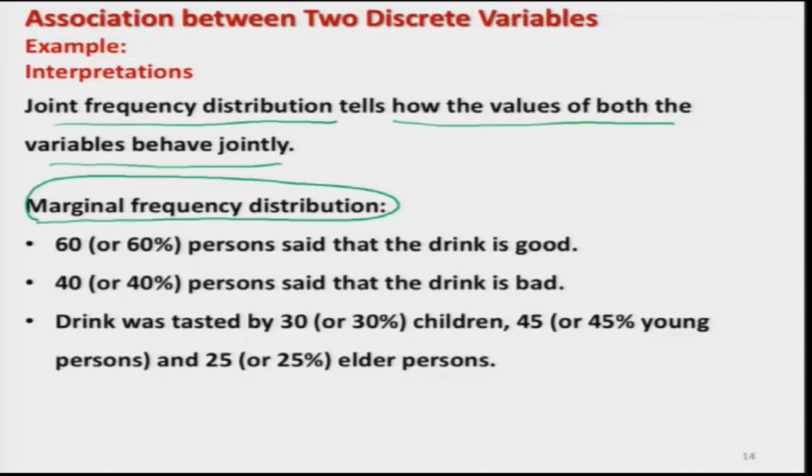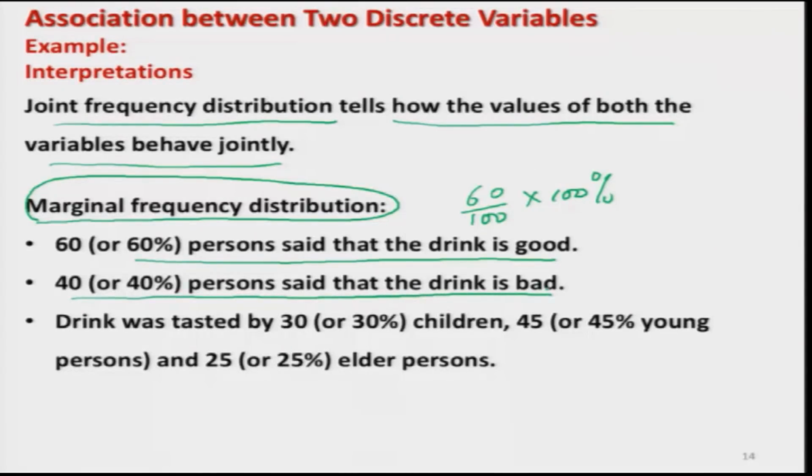In general I can also write it as 60 out of 100, and if I multiply by 100, this will give us the value in percent. So, I can say that 60% of the persons said that the drink is good, and similarly 40% said that the drink is bad.